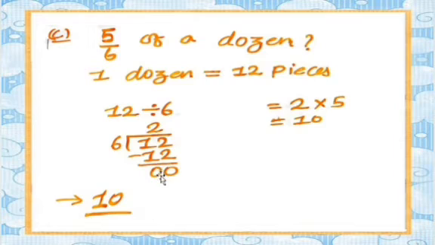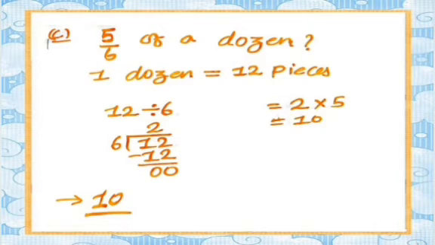Okay, so 12 minus 12 is equal to 0. The quotient is 2. So 2 multiplied by our numerator 5. 2 5s are 10. So 5 upon 6 of a dozen is 10. Understood? That is a very easy sum. So you have to try it at home, dear students.